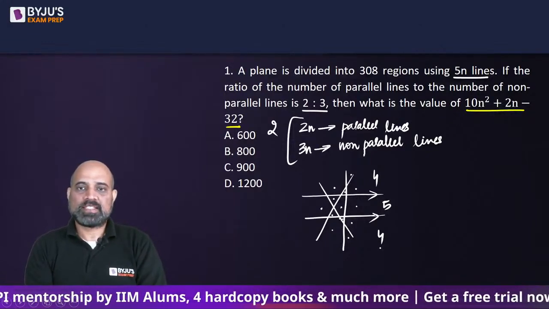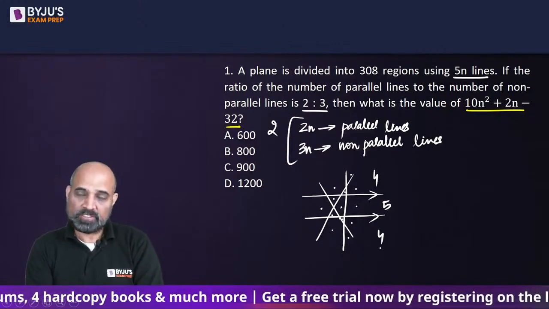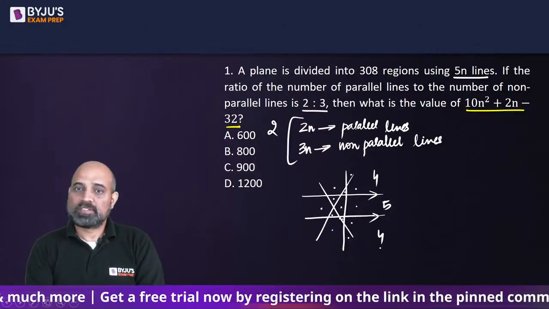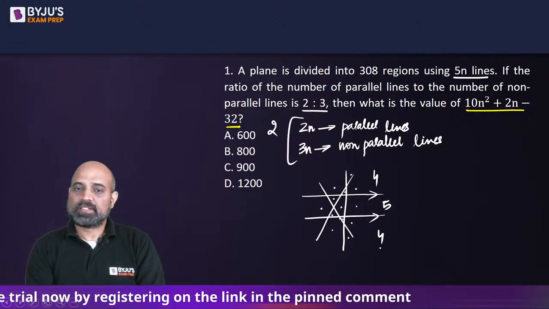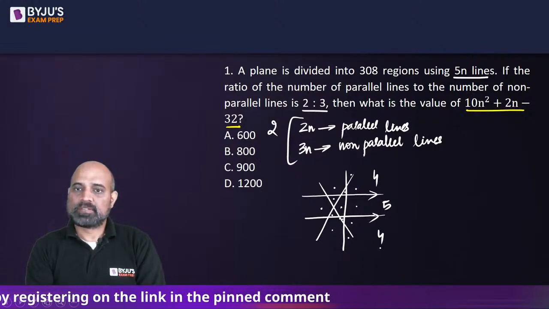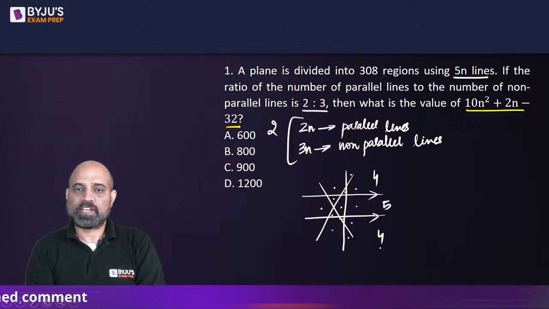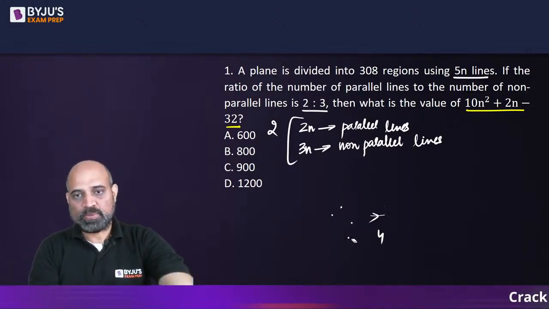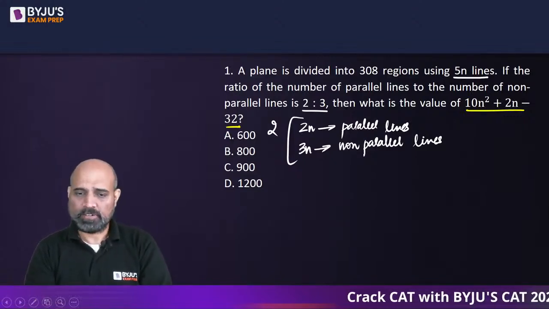So since it doesn't say it is divided into maximum 308 regions, we can have a lot of possibilities, right? We can have a lot of possibilities. So looks like this will require more time. So let's solve the questions as we get it, okay?